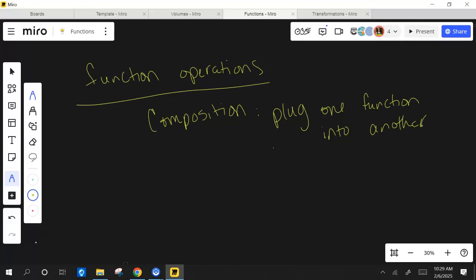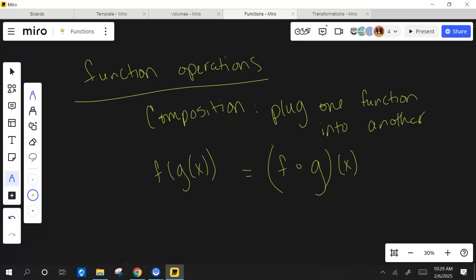Okay, this is the one where it looks like this, or like this. You could write it that way. All right, what is this? This is whenever we take two functions.